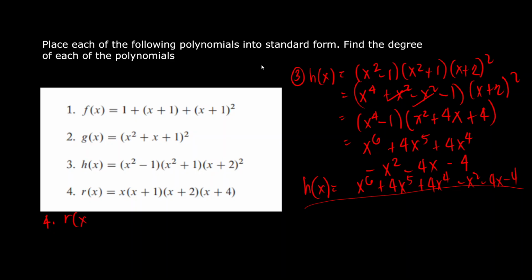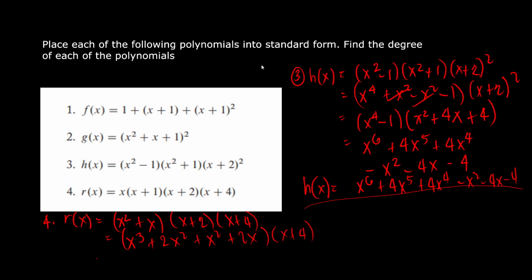So, r of x is equals to, pwede natin itong simplify na, x squared plus x plus 2 times x plus 4. Pwede nating expand itong dalawa muna. X cubed plus 2x squared plus x squared plus 2x times x plus 4. So, this is x cubed plus 3x squared plus 2x times x plus 4.